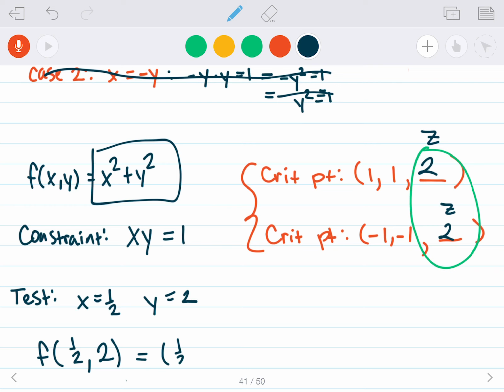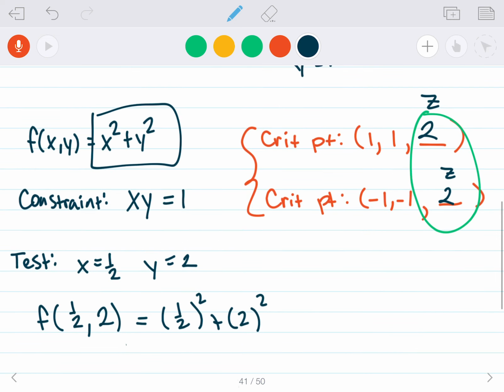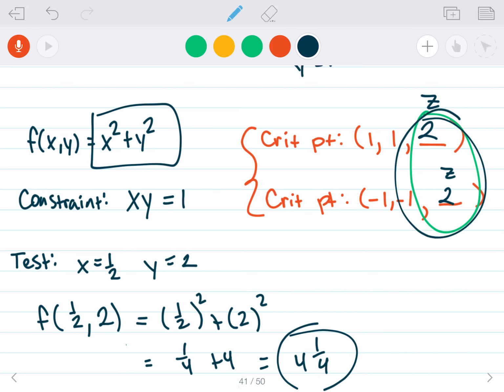Well, we get 1/2 squared plus 2 squared, and that's going to be a fourth plus 4. That's 4 and 1/4. And 4 and 1/4 is a higher value than 2. So it must be that these guys are the absolute minimums, subject to the constraint xy equals 1.